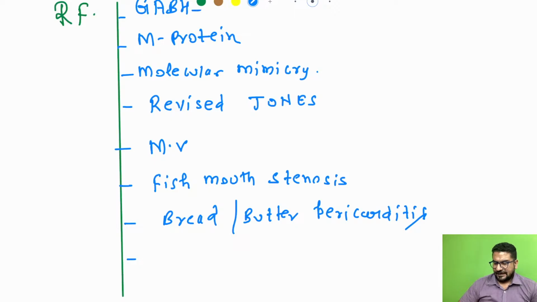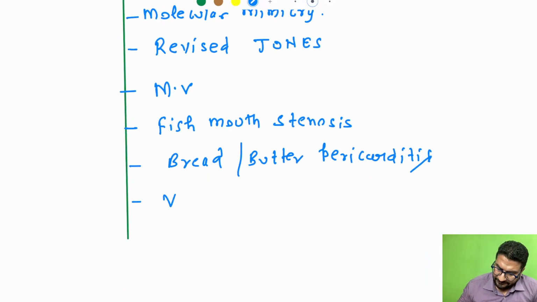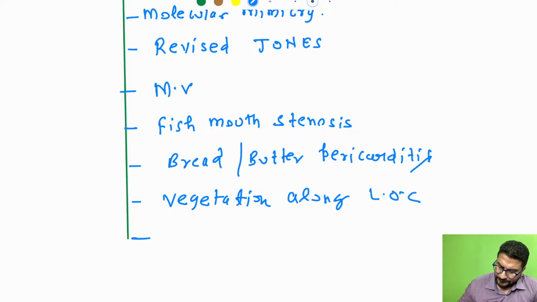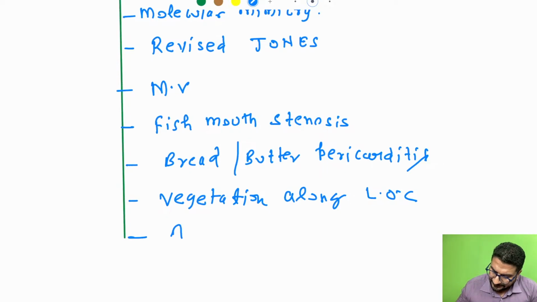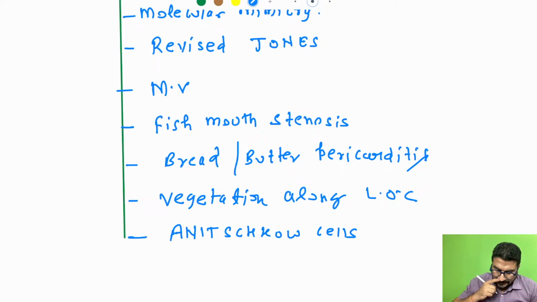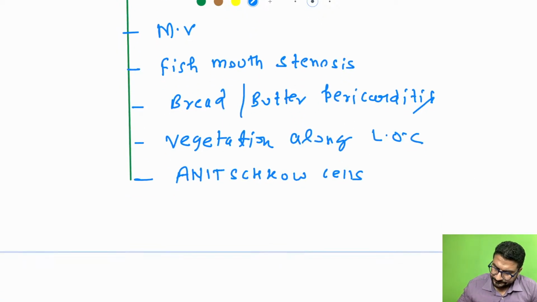Then remember, in rheumatic fever there will be vegetation along the line of closure. The cells, or I can say modified macrophages, are called Anitschkow cells. Sometimes in the left atrium you can notice the MacCallum patch.